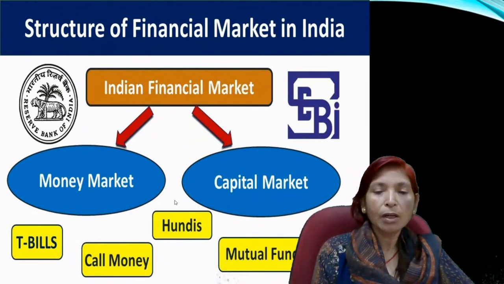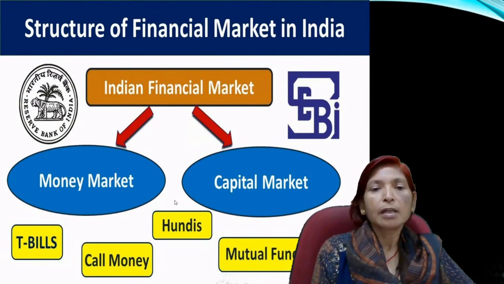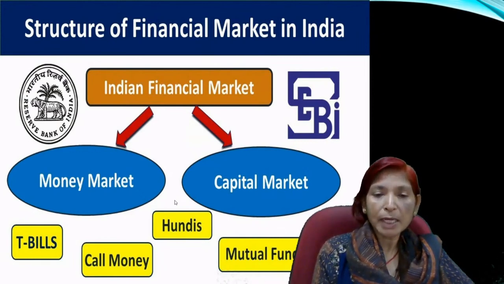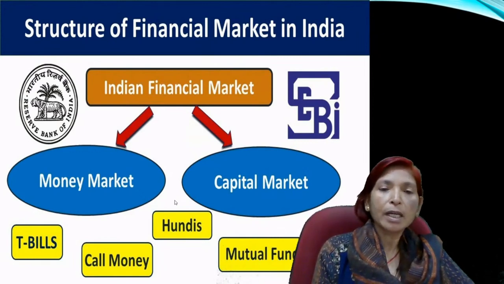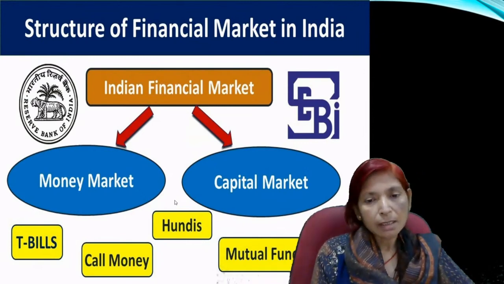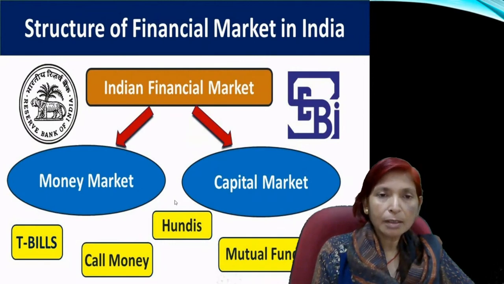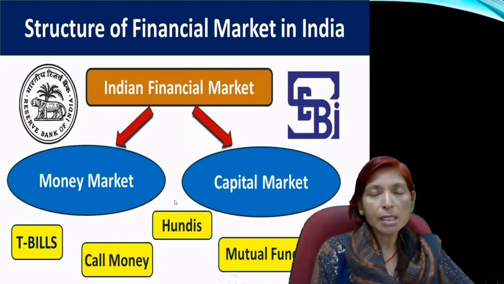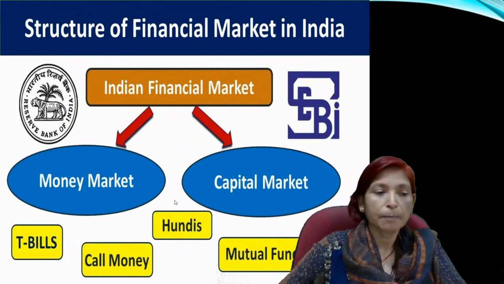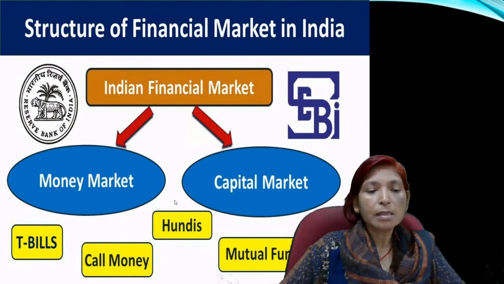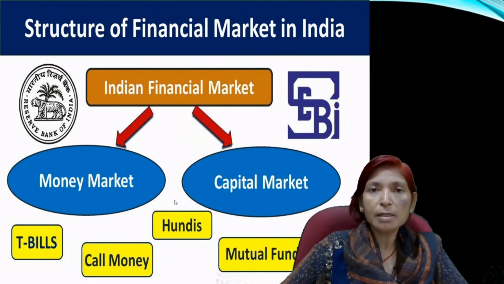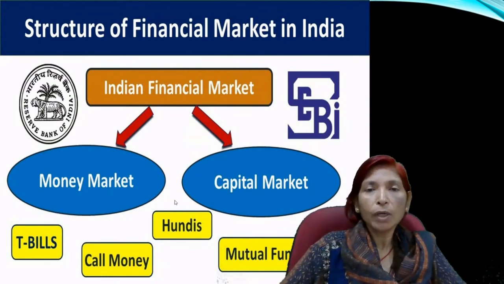If you want longer time period funds for your business enterprises, then you can take money from the capital market. But if you need money for a shorter time period, then you can take it from the money market.